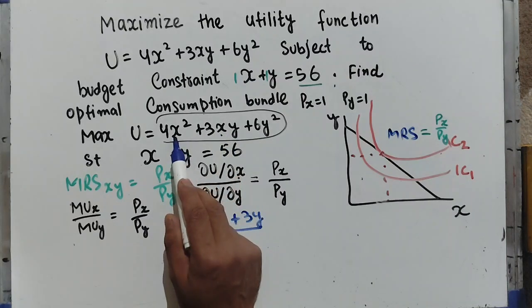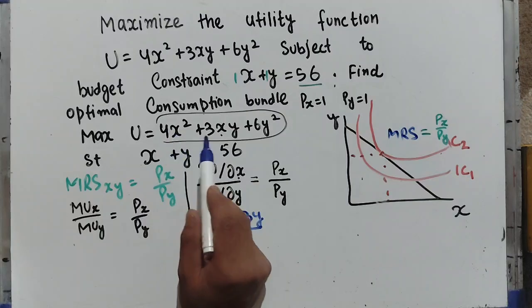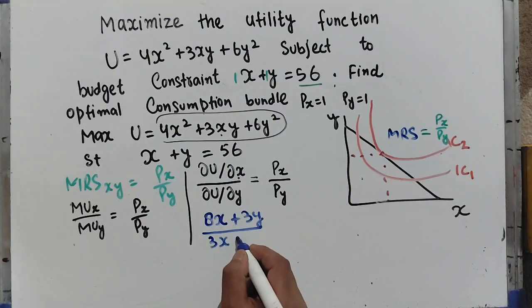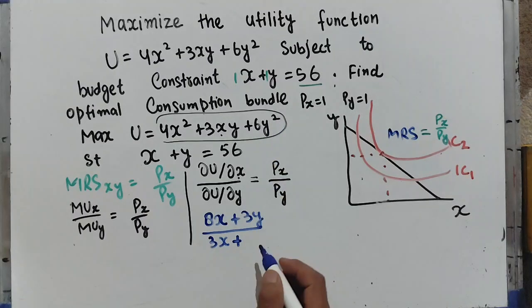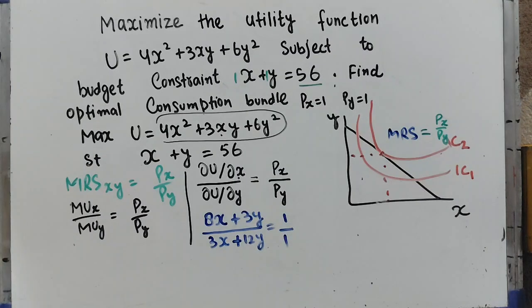The derivative of the first term is 0 because we are taking partials with respect to y, so it is treated as constant. The derivative of y is 1, so we are left with 3x, plus the derivative of y square is 2y, so 2 into 6 is 12y, and it should be equal to the ratio of the prices. The price of good x is 1, the price of good y is also 1, which is equal to 1. So do the cross multiplication here.